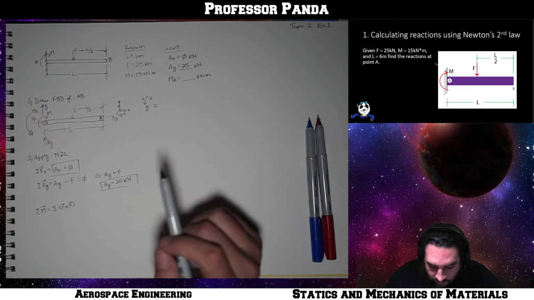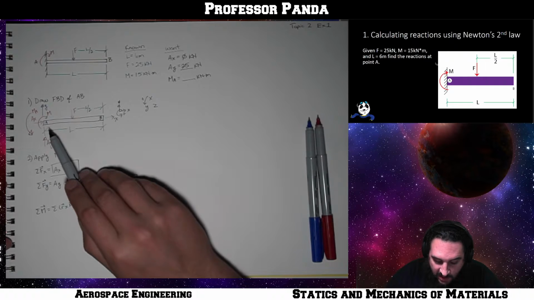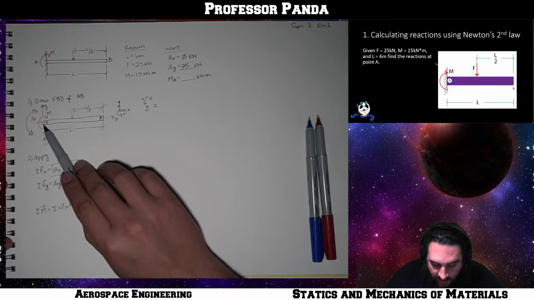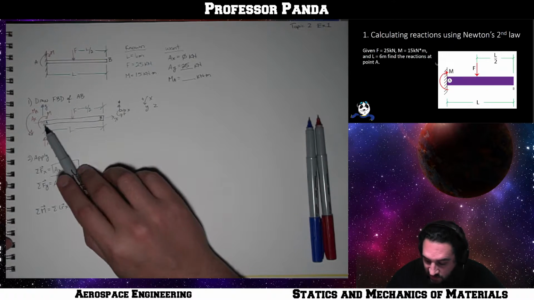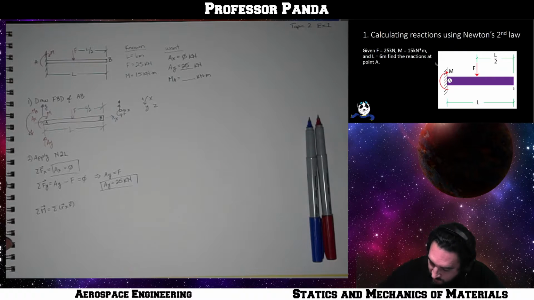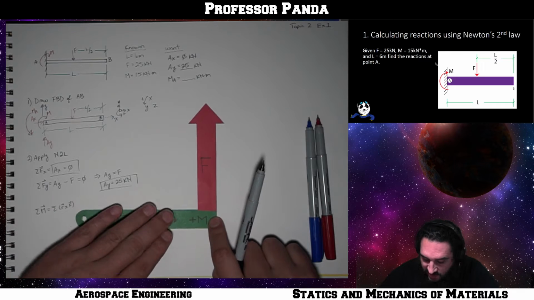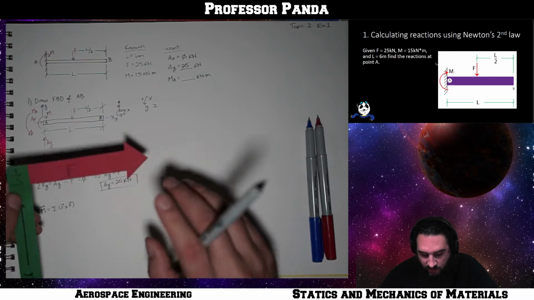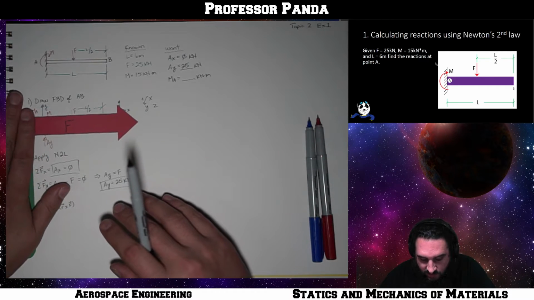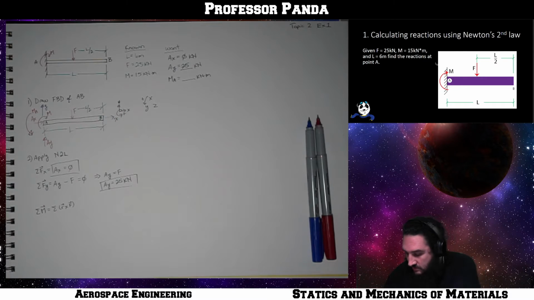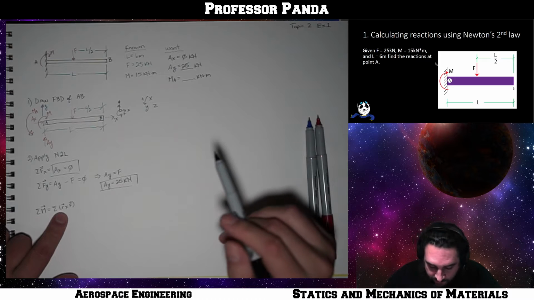If I pick point A, AX does not participate in the moment calculation because its moment arm, its R value, is 0.